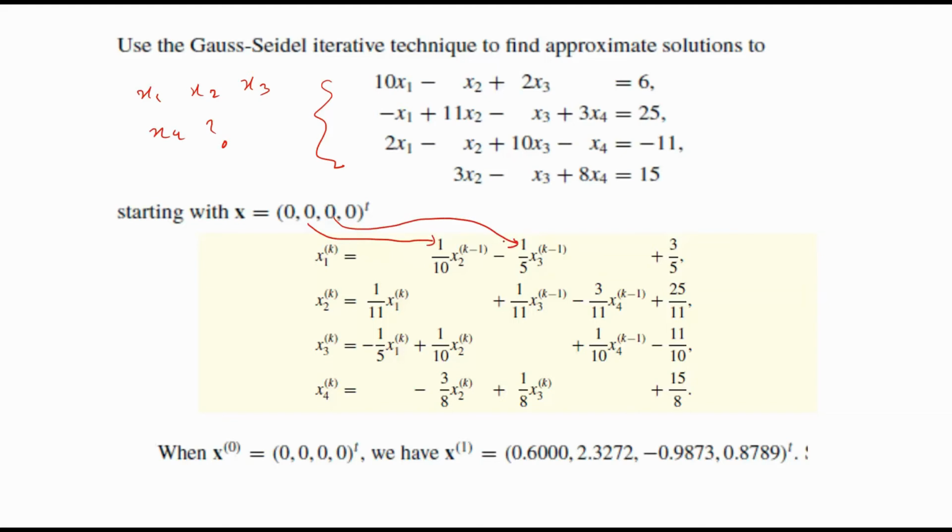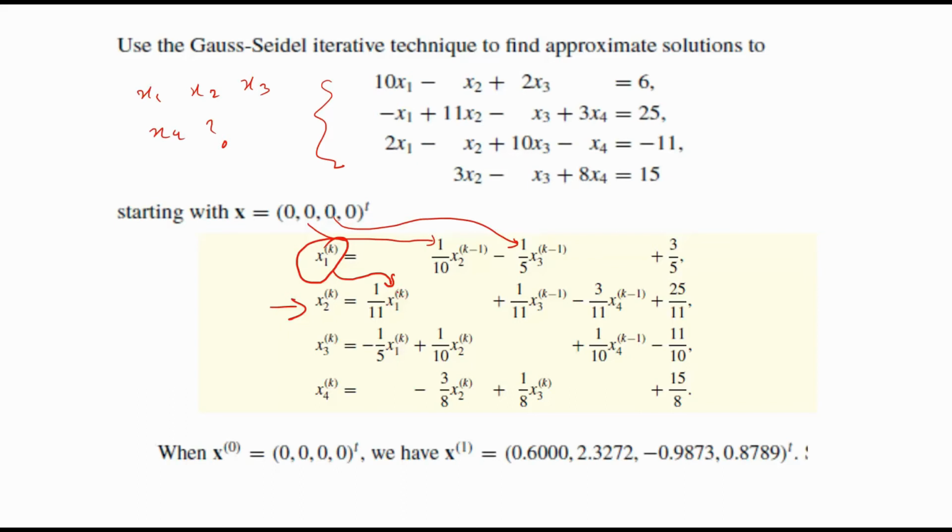Now see the modification in this second equation. Since the value of x1 at k is known from this step, you will put the value over here. But in the Jacobi method, you were putting the initial conditions only. Like in the Jacobi method, you will put this as 0 only.